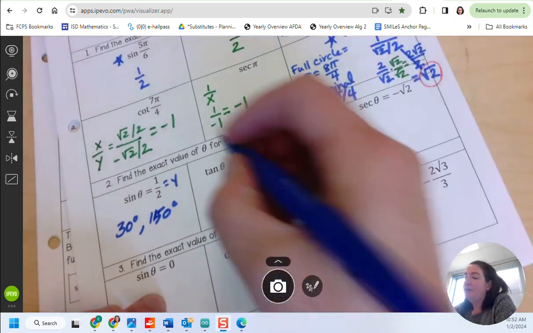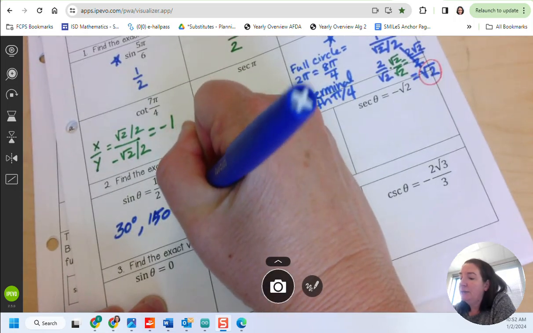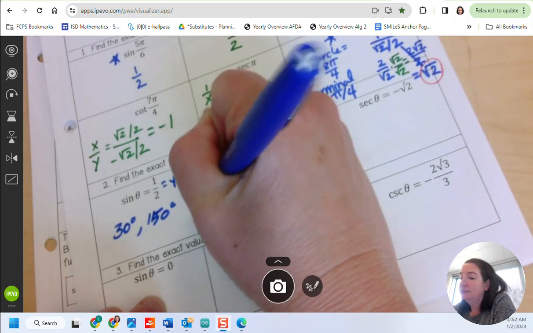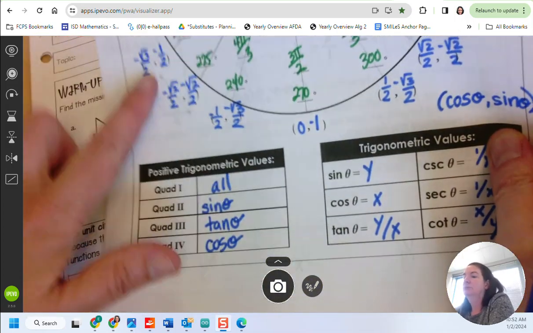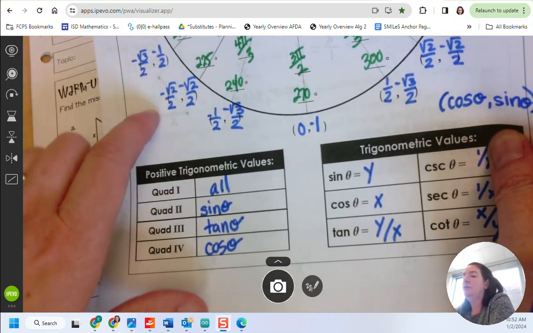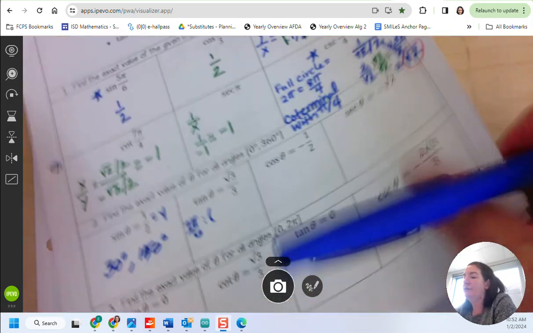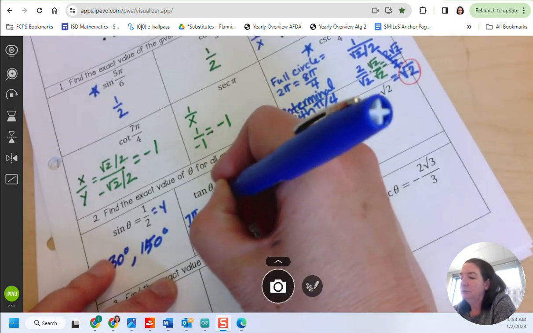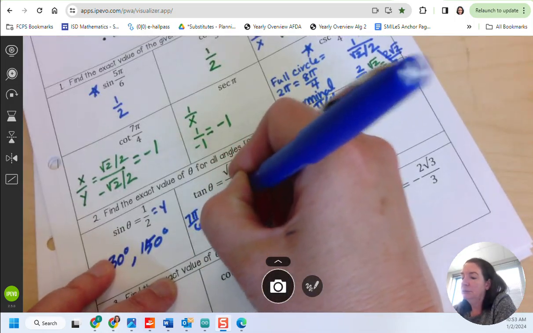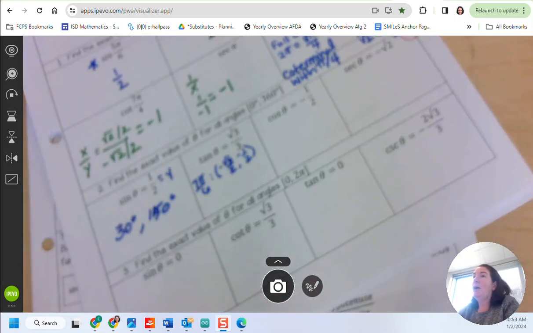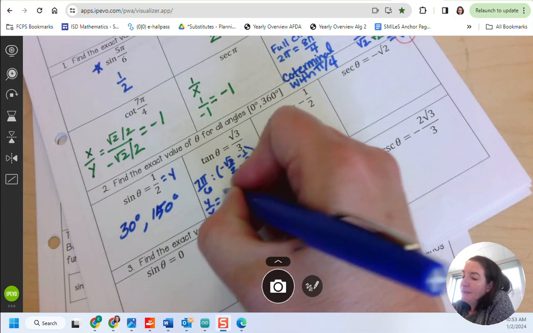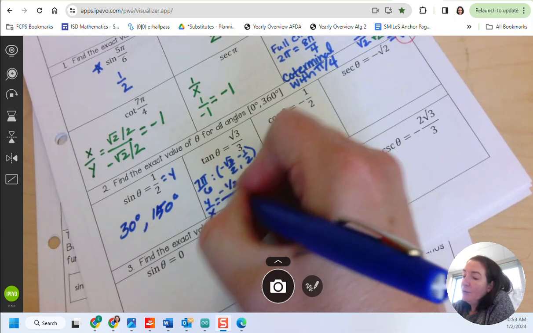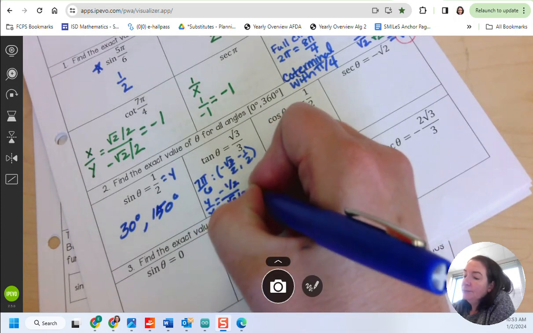So looking at 7 pi over 6, and we're just trying it. Your coordinates are negative root 3 over 2 and negative 1/2. And tangent is y over x. So y over x is negative 1/2 over negative root 3 over 2.